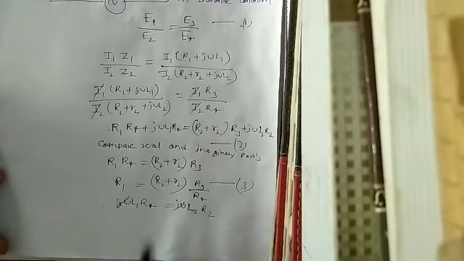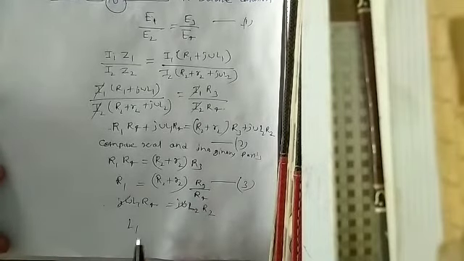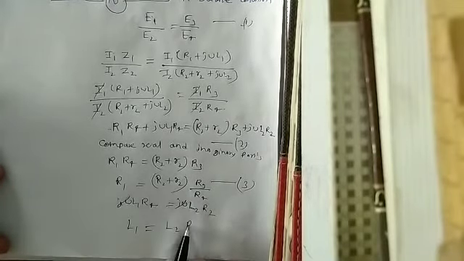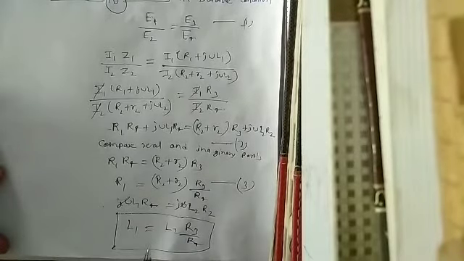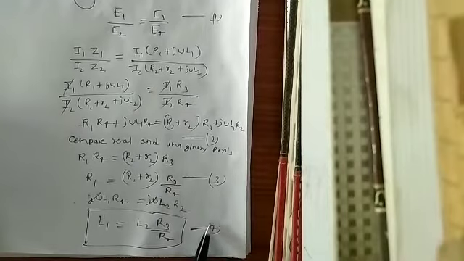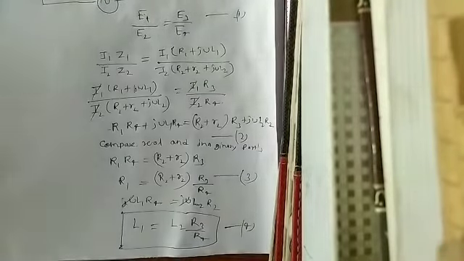Here j omega is cancelled out and we get the value of L1, which is equal to L2 into R3 upon R4. This is our equation number 4. With the help of equation number 4, we can find the value of unknown inductance L1.